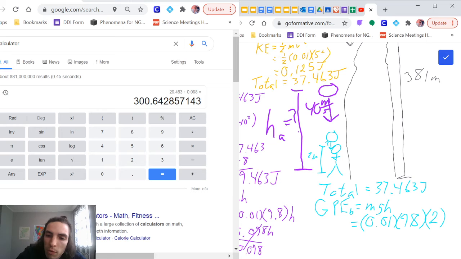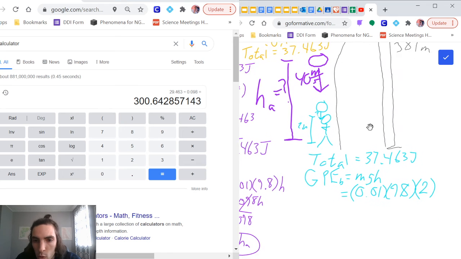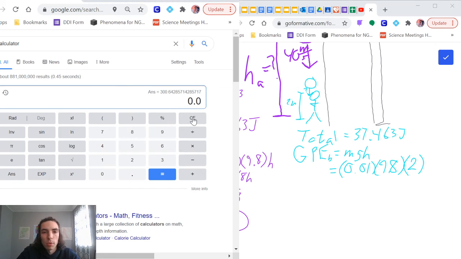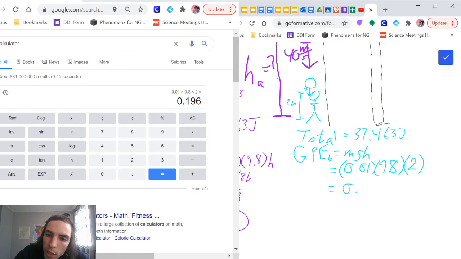And maybe I can specify this is the GPE at part B, so I'll add that little subscript just for my own clarity here. Okay, and then we can go ahead and calculate that. So let's just plug this into our calculator, 0.01 times 9.8 times 2, and that'll give us 0.196 joules.